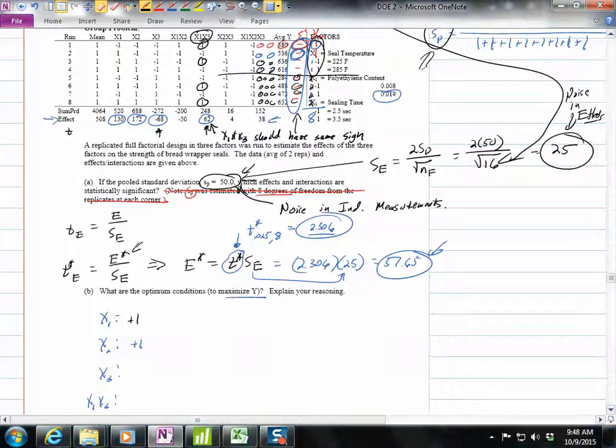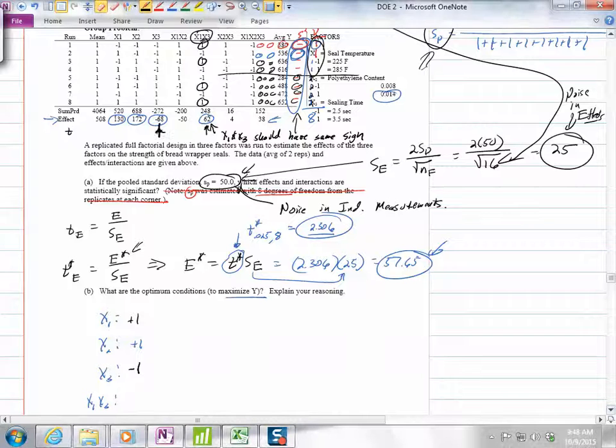Okay, but that contradicts what we've got here, right? Sorry, I didn't put the x3. The x3 main effect said this should be at a -1. That's this guy. The interaction is telling us x3 and x1 should have the same sign, so we've got a conflict there, right? Which one do you think wins?